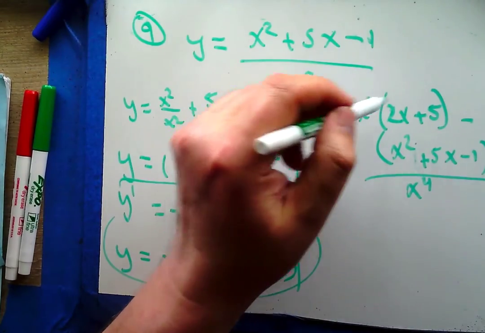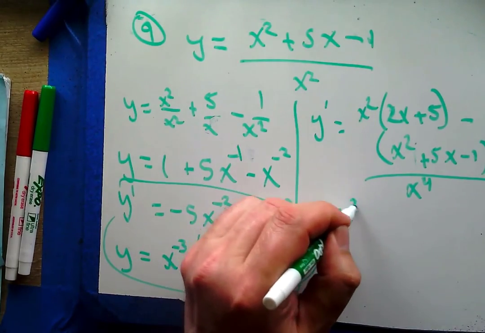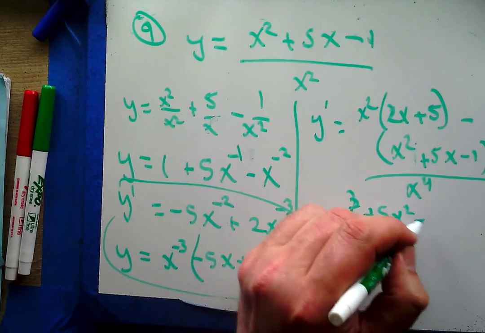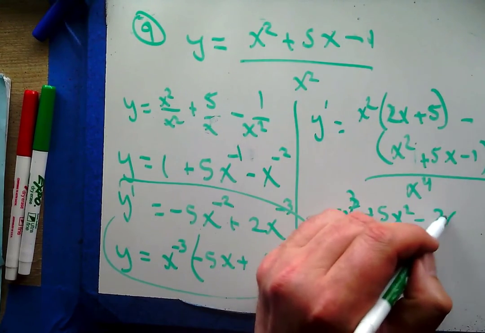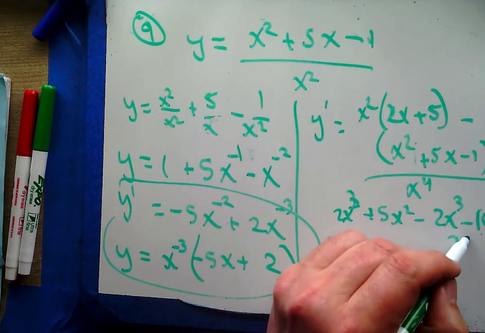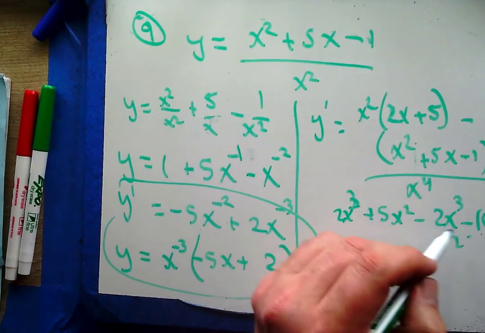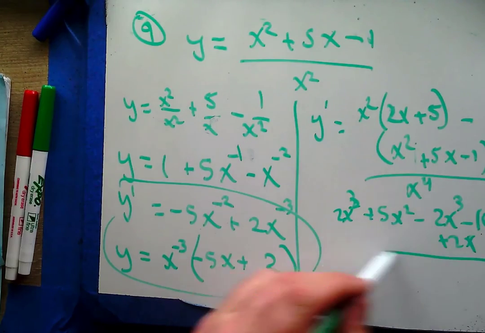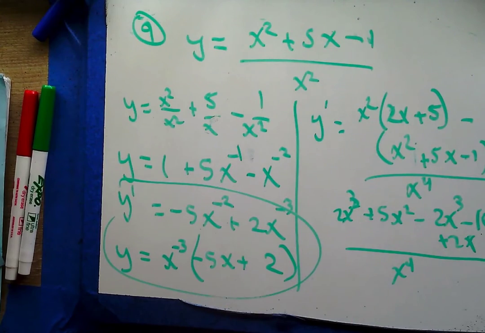So up top I'm going to have 2x to the third plus 5x squared minus 2x to the third minus 10x squared, no, minus and minus will be plus 2x, all over x to the fourth.